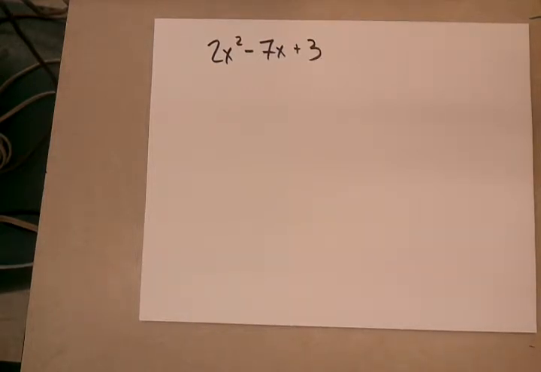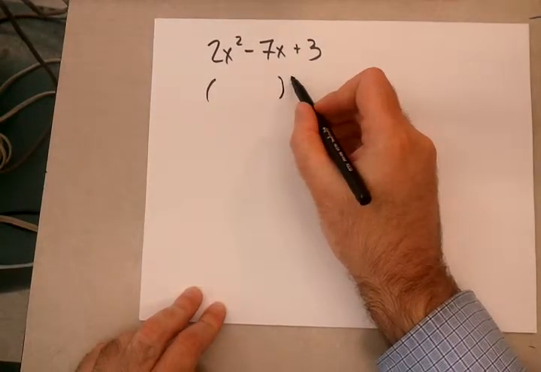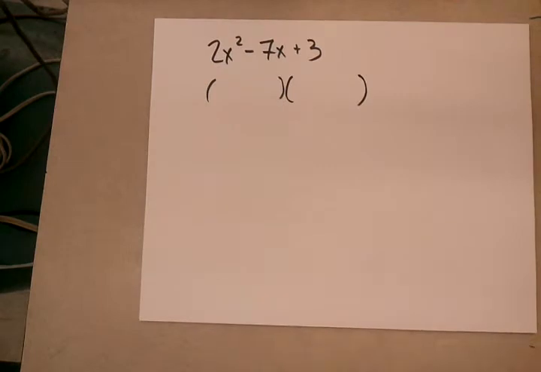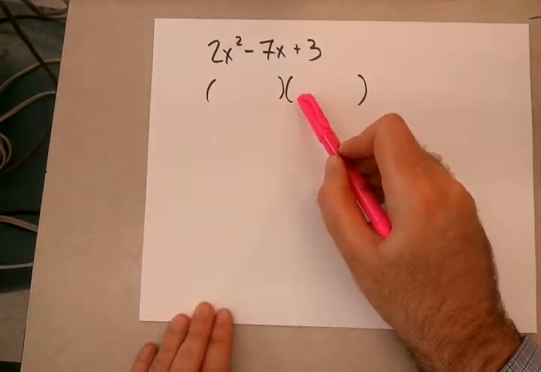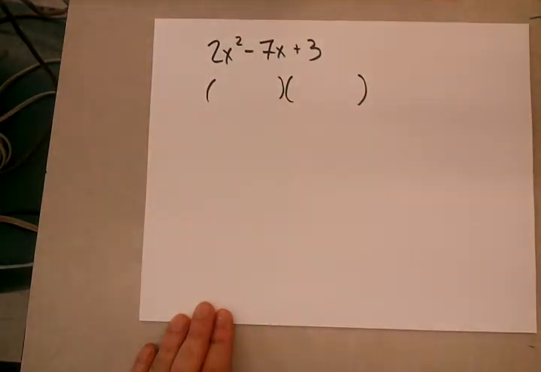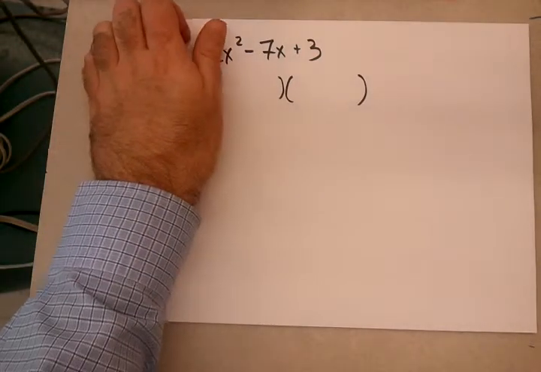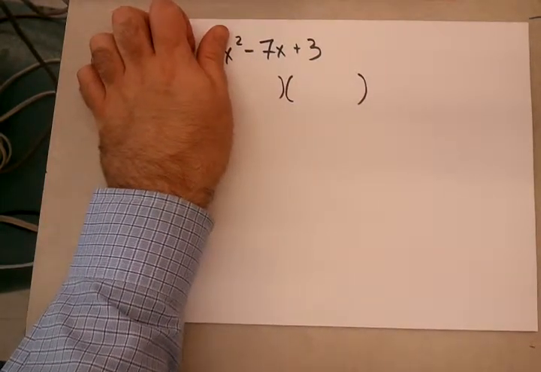Well, let's write our two parentheses, just like before, and let's see what we can do to factor it out. Before you would put an x here and an x here, but that's not going to work now because x times x gives us x squared, and we have a 2x squared. All right. Well, let's see what would happen if this 2 wasn't here. So pretend that 2 is gone, and you're looking just at that problem.